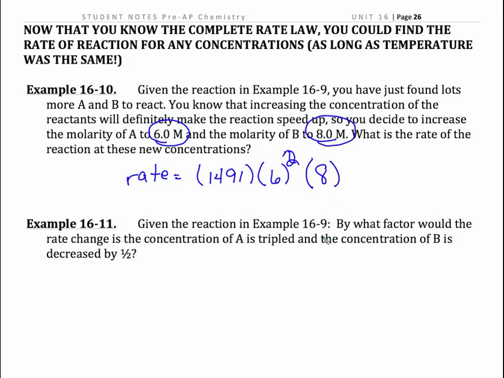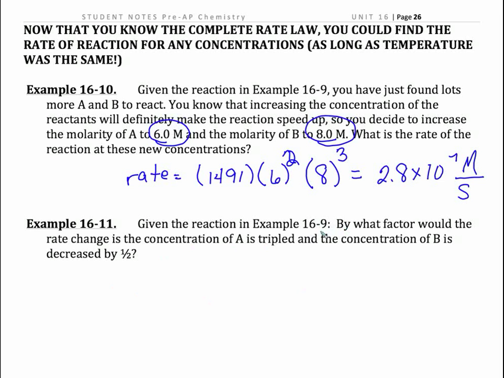We put in 8, and we know that's cubed from the rate law expression. So we can plug in new concentration data and redo our setup. And we get 2.8 times 10 to the 7th. That would be molarity per second.